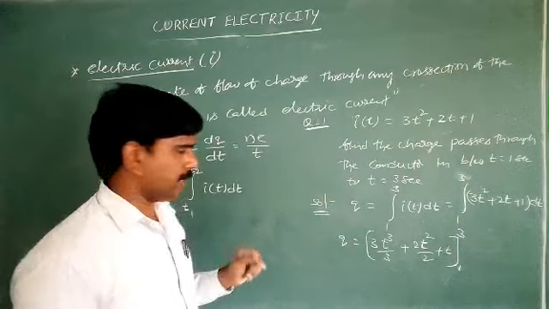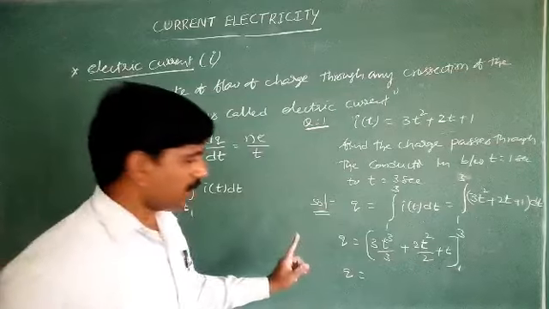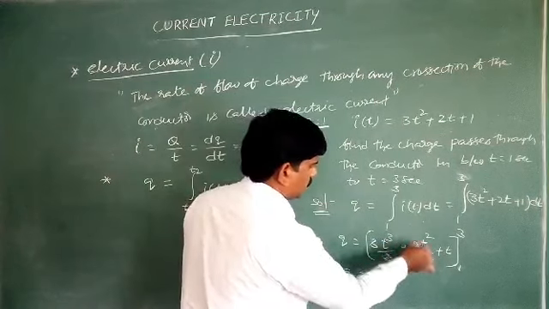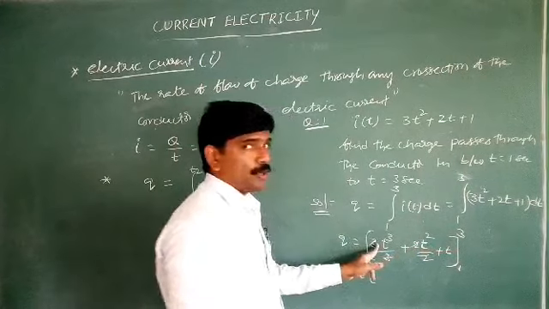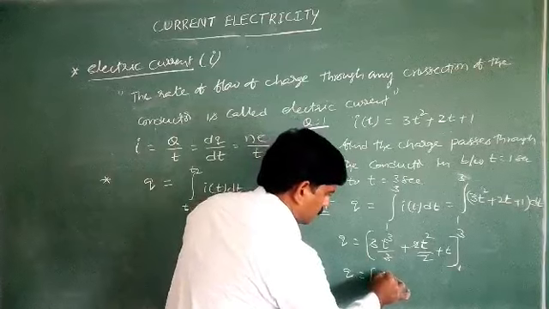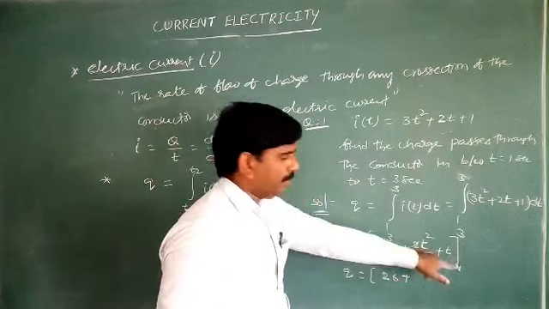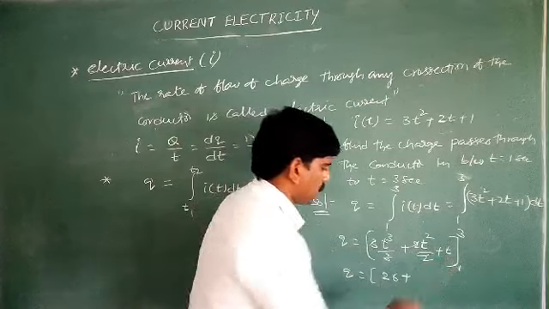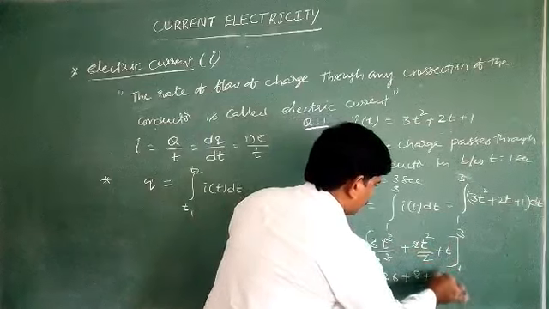Therefore charge q is equal to, 3 cancels, 2 cancels, how much? 3 cube is 27 minus 1, that is 26, plus 9 minus 1, that is 8, plus 3 minus 1, that is 2.